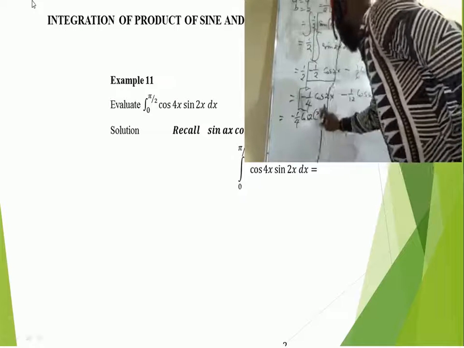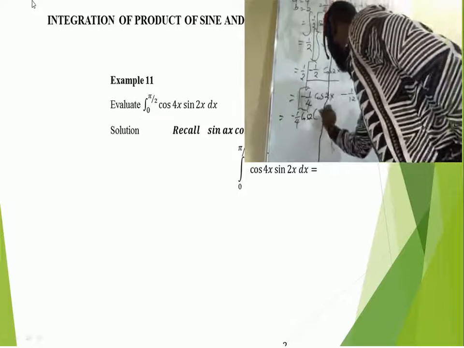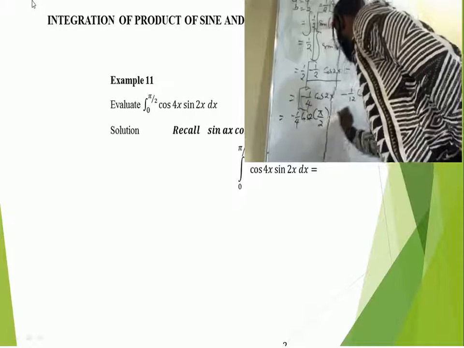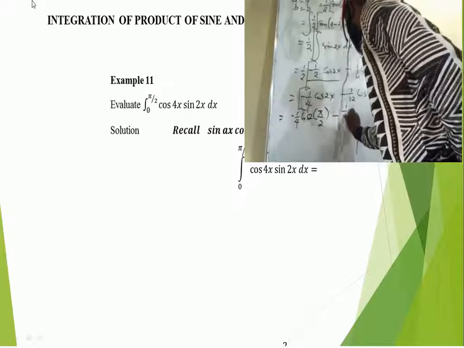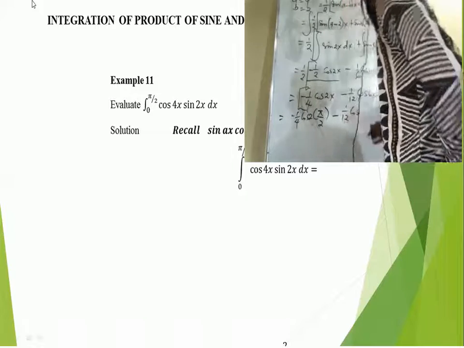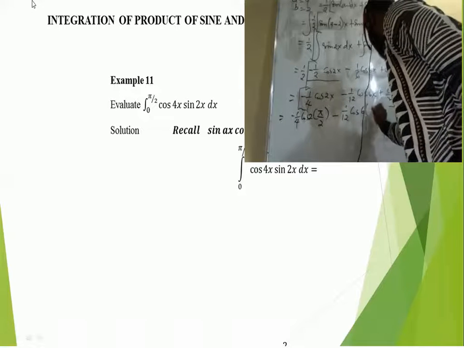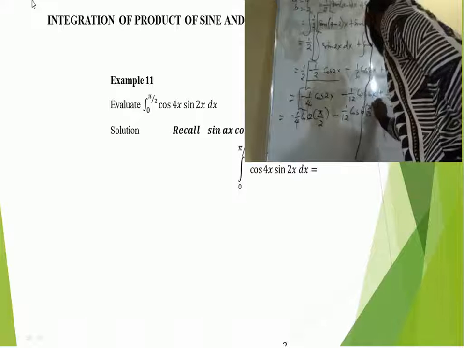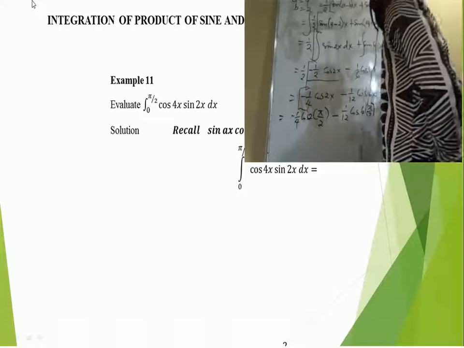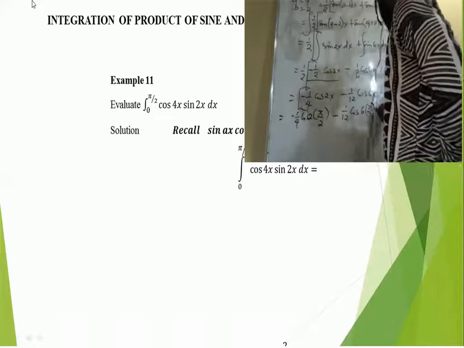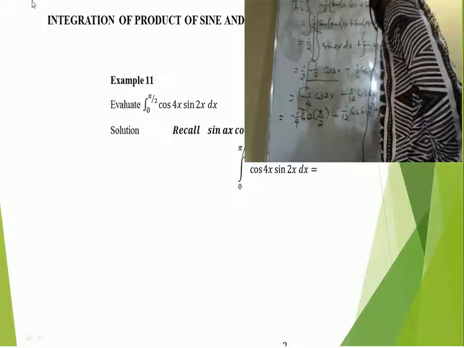That is 2 pi over 2. We have pi all over 2, minus 1 all over 12 cos 6 bracket pi all over 2. Then this one too, we have it to be plus c over half.